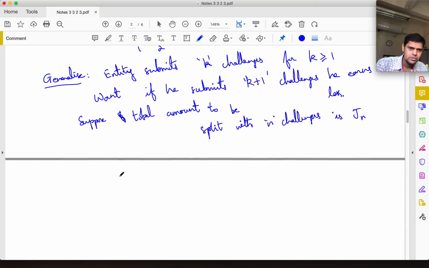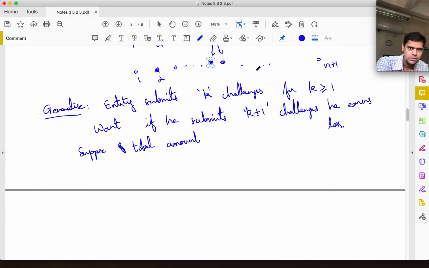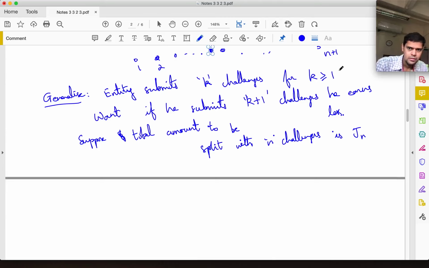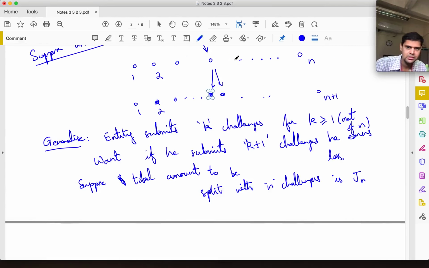So suppose there are n challenges initially, and when he submits yet another challenge, it's going to become n plus 1. Okay, so what I showed over here is the situation when k is equal to 1, but I'm generalizing it for any k.